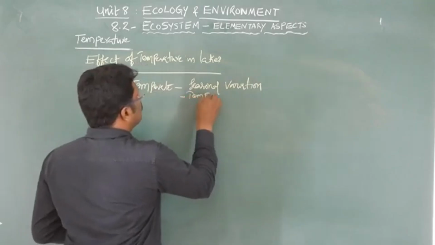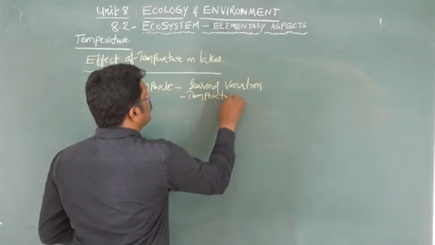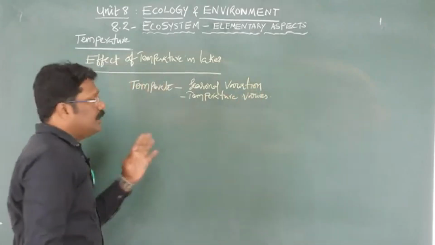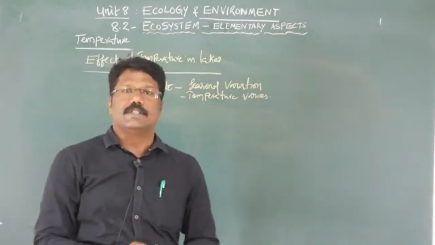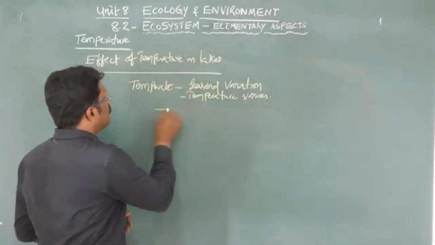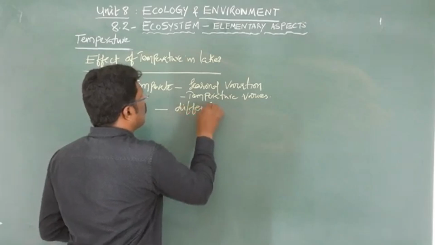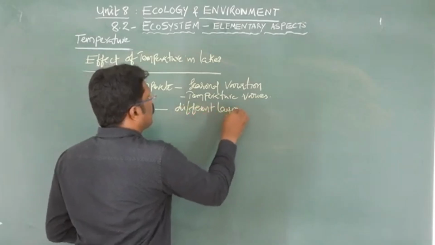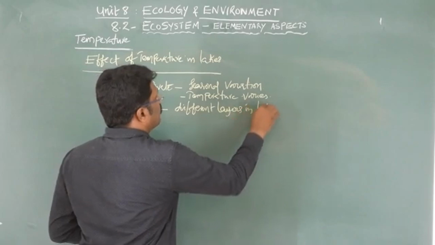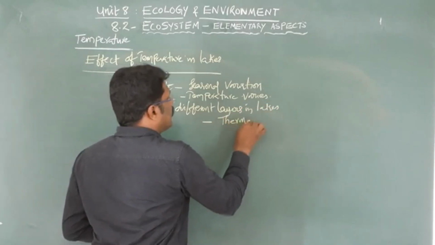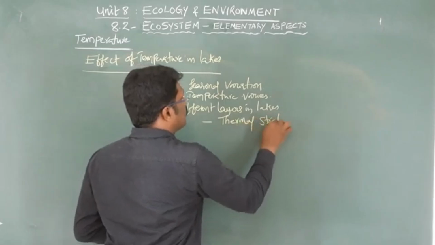So according to the seasons, the temperature varies, and these seasonal variations lead to the formation of different layers in the lakes, and this is known as thermal stratification.